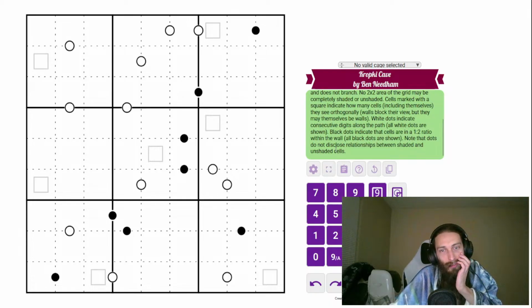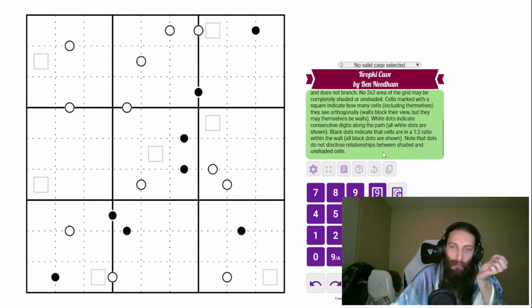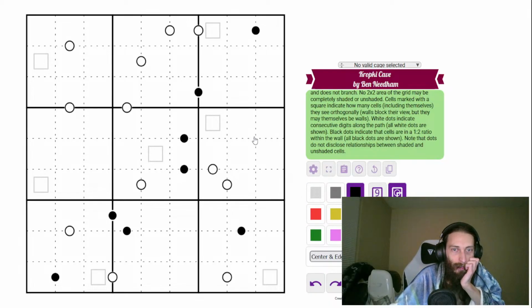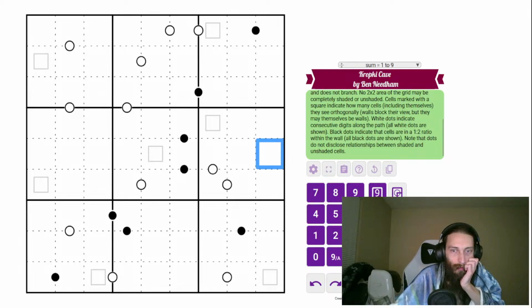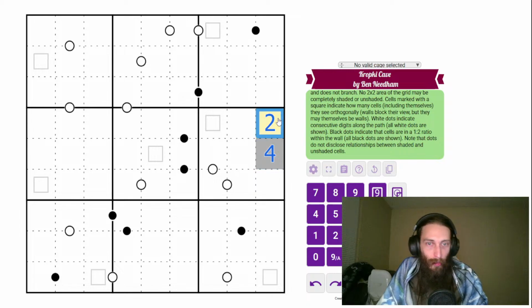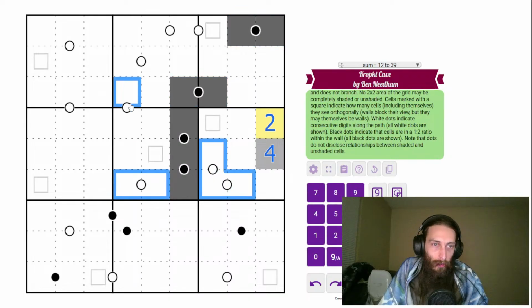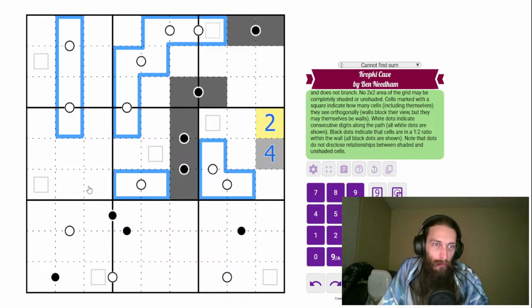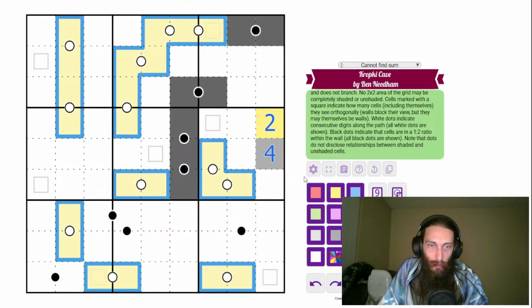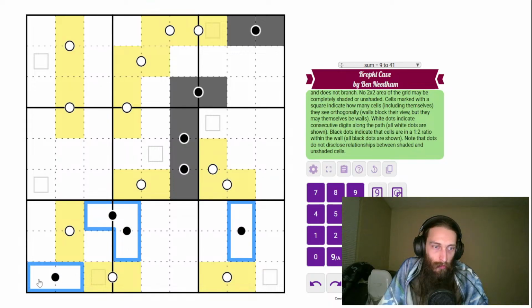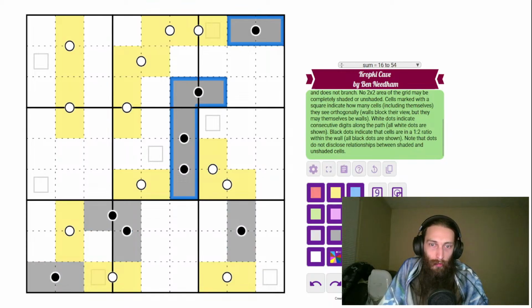Note that dots do not disclose relationships because we have all of the white dots and all of the black dots, but if I have, say, a shaded cell and an unshaded cell, and I put a 2 and a 4 here, this isn't a problem because the black dots are only shaded, whereas white dots are unshaded. So I believe that is what is going on here.